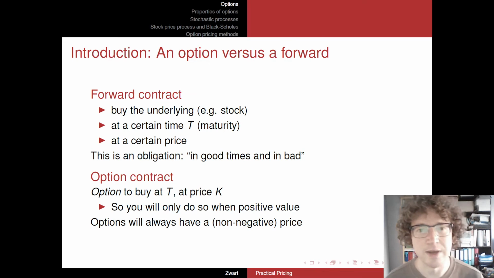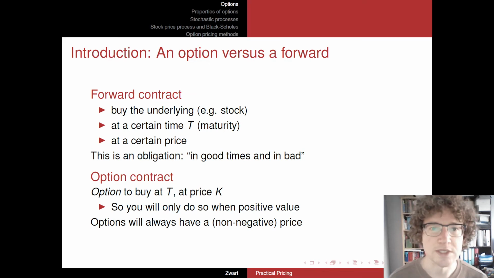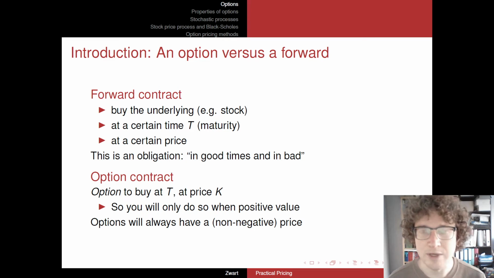So just as a background introduction, what is a financial option? To explain that, it's good to start with what a forward contract is, which is related but slightly different. A forward contract is a contract that you and I, for instance, could write, which would say that at some point in the future, say 1 month from now, I will be able to buy from you some asset that you own.